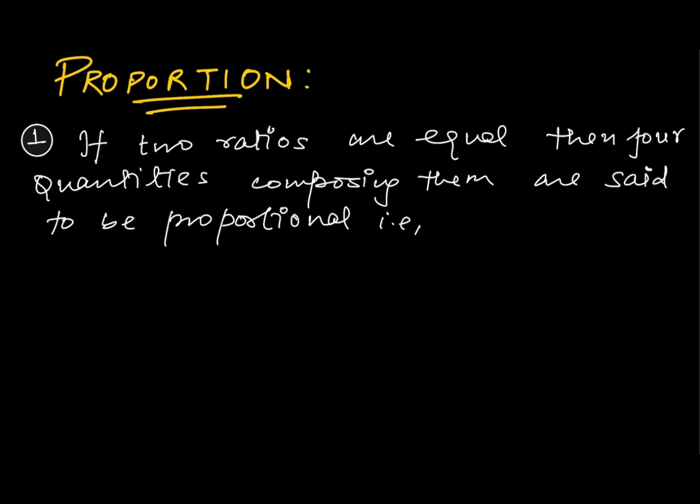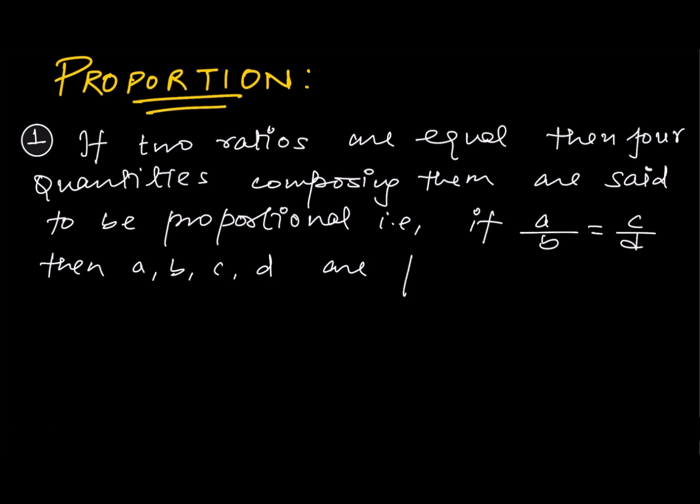That is, if A by B is equal to C by D, then A, B, C, D are proportionals, right?